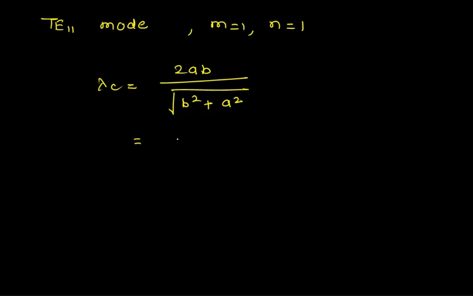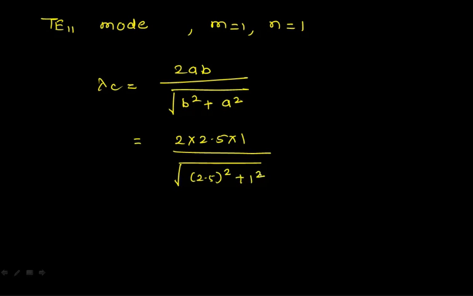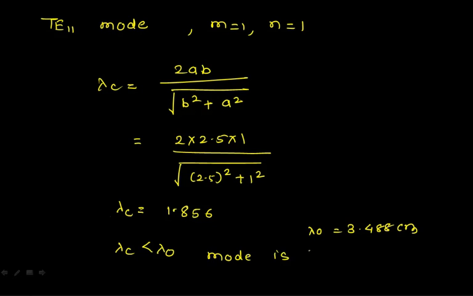So I'll put all the values, 2 into 2.5 into 1 divided by the square root of 2.5 square plus 1 square. If you calculate this, lambda c is 1.856. Now this is the lambda c. What's our lambda 0? We have seen our lambda 0 was 3.488 centimeters. So I can say lambda c is less than lambda 0. This mode is not possible.